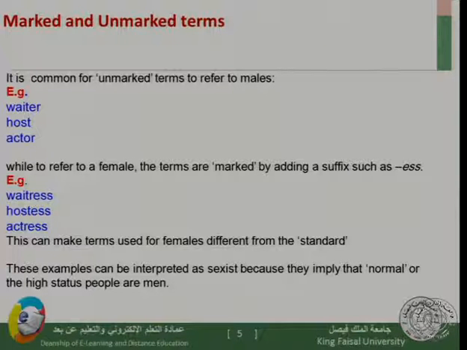They are marked because we add another piece of information, another suffix, which is the -ess. Now this makes terms used for females different from the standard, they deviate from the norm. So these examples can be interpreted as sexist because they imply that normal or high status people are men but not women.